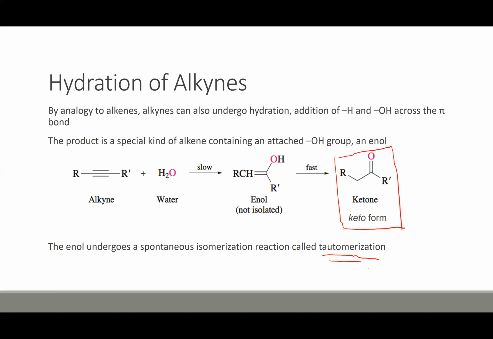You see this all the time in biology. Biochemical molecules undergo tautomerization very frequently, specifically between this keto and enol form. Again, the ketone form, the keto form, is the more stable and the form that you will see as the main product that you will isolate just floating around.